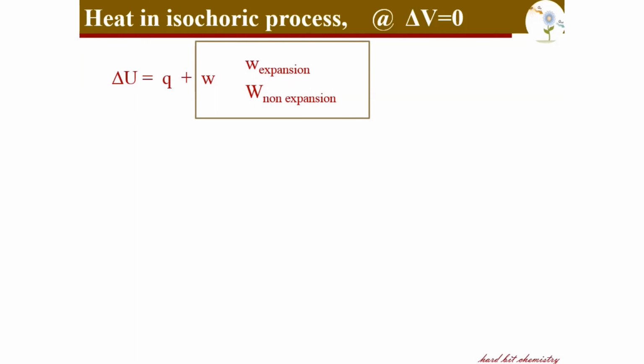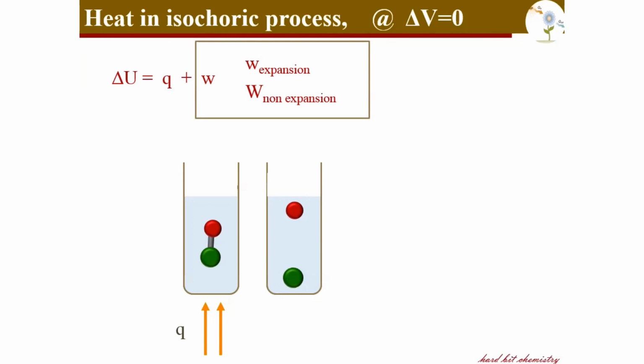Non-expansion work can be demonstrated with a very simple, highly simplified example, which I am showing here. Suppose you are putting a molecule of sodium chloride, or a solute, into water. What happens is the molecule undergoes dissociation and the ions move apart by absorbing energy from the surroundings. This is what we observe in the end. So what are the works involved in this? In the beginning, the bonds within the molecule break, that is dissociation occurs.